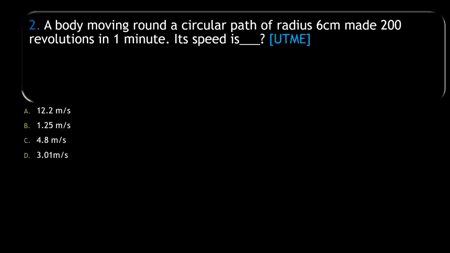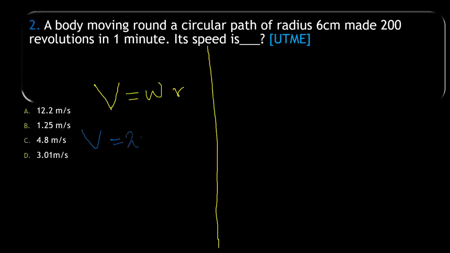Now remember the popular formula. We have v is equal to omega r. Let me see if you'll be confused. What if I write it this way: v is equal to 2 pi f r. Will you be confused?